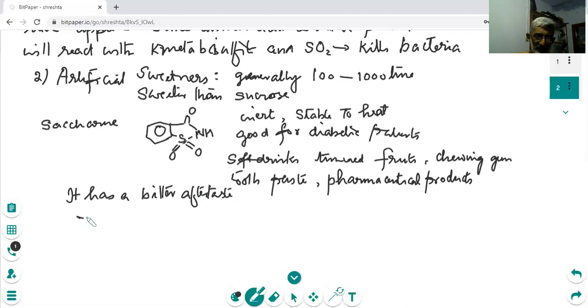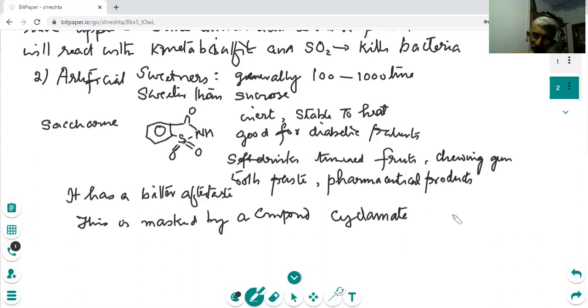Now this is masked by a compound known as cyclamate. That is also an artificial sweetener. Look at the structure of it.